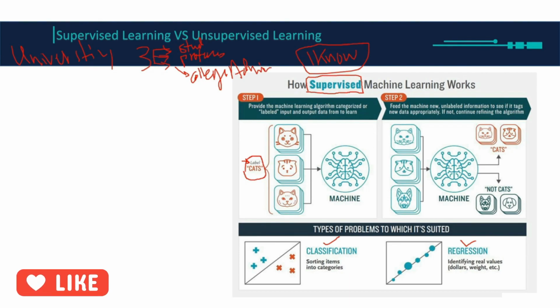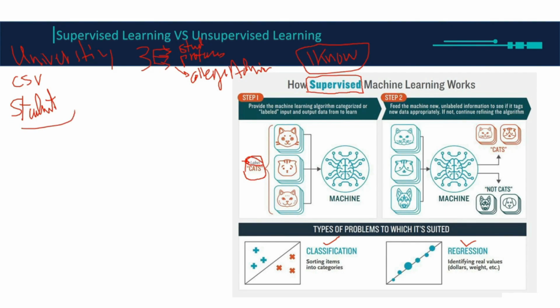So let's say you're working as a data scientist for a university, and your manager gave you a database, let's say a CSV file, and you ask, okay, what type of data is there? He's going to say these are students data. So now you know what type of data it is. So you have the label, and the label is students data.